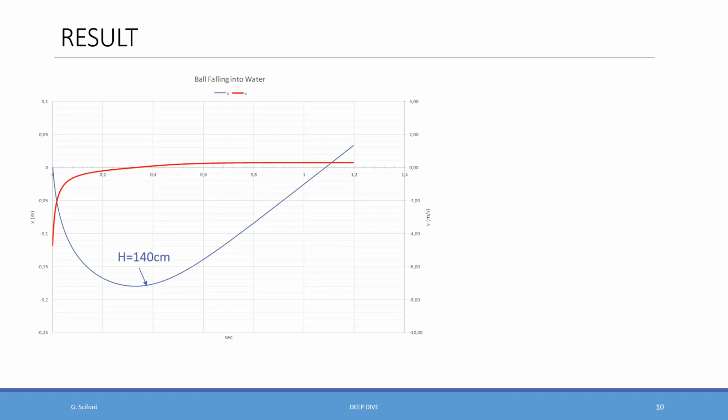Let's represent now the solution in the chart. The velocity is a red curve and the displacement a blue one. Velocity is always increasing, actually decreasing in absolute value because of the negative sign, up to the point where the maximum depth is achieved, this point, and then is increasing back up to the limit value.